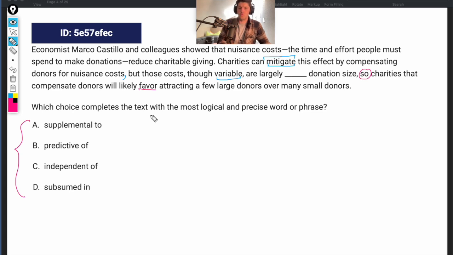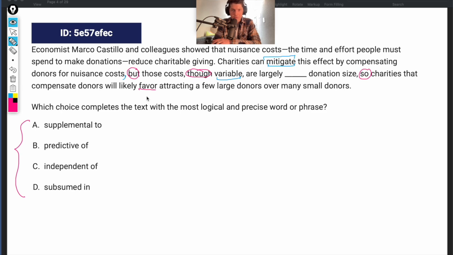Okay. There's one other word I want to point out, a structural word, the word but. So they're lessening the effect by compensating donors for nuisance costs. But those costs, though variable, my goodness, more structural language.